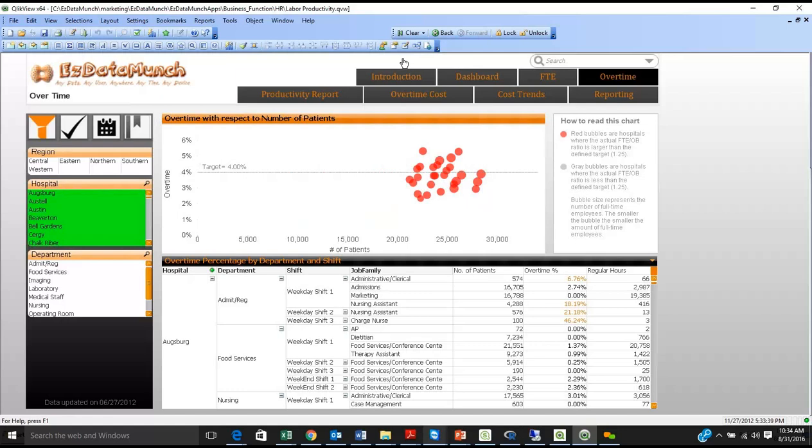Again, which shift they are in, which is very important because a lot of times people work in shifts. So you're not just paying overtime to them, but you're also paying shift premium to them now. So your cost of actually having somebody working in a second shift or a third shift and doing an overtime is actually much higher than somebody just doing an overtime in a regular shift. So this also can help you to see whether you want to modify the schedules, do a better utilization there.